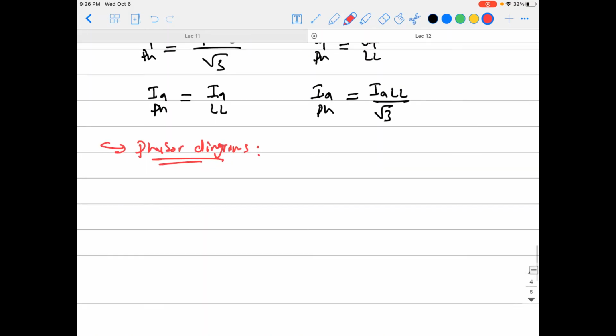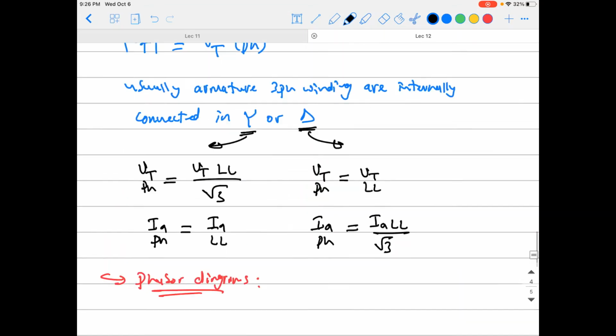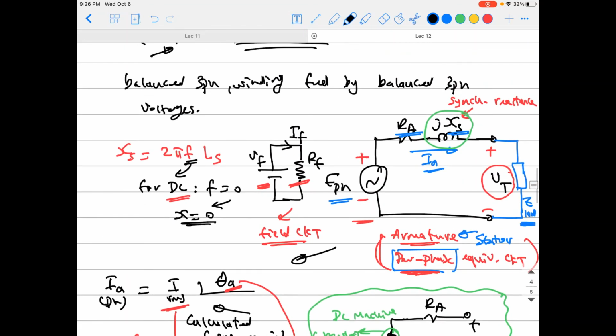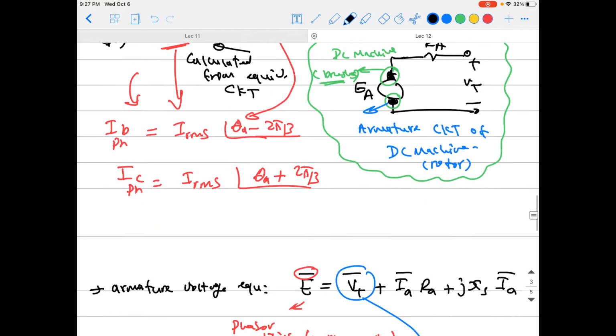Okay, so if we have the terminal voltage as our reference, that means it is having a 0 angle. Okay, so that is V terminal like this. So I'm using this value of the terminal voltage as my reference. My reference means it has a 0 angle, and everything else will be referred to this value of the angle.